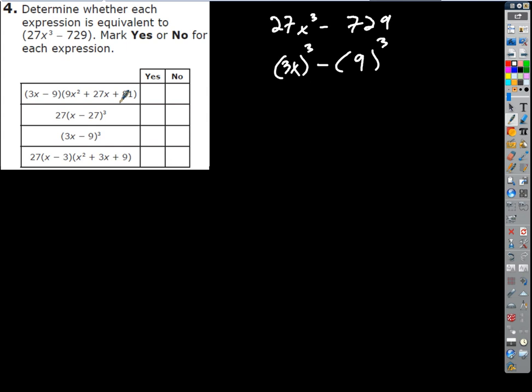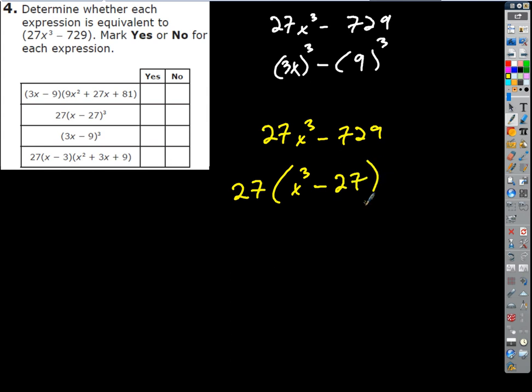The other thing I could do is take my original equation up here and factor out a greatest common factor right from the start. I could factor out a 27. If I factor out a 27, what I'm left behind with is x cubed minus 27, because 27 times 27 is 729.